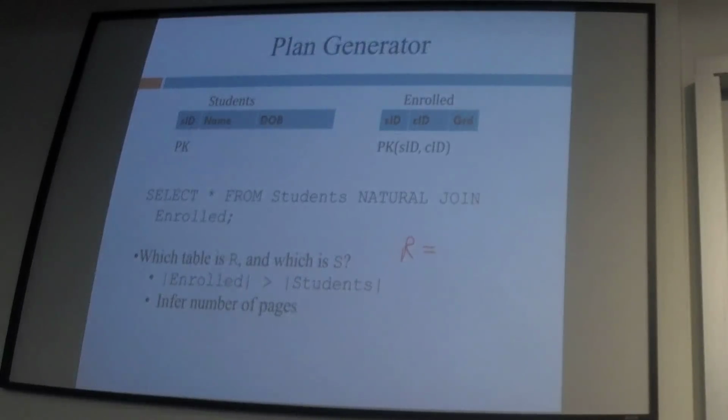So first of all, let's answer that question though. Do we have an index that helps on both? Yeah, if students is the outer loop, then we can take the SID here and look up an SID out of that index. If enrolled is the outer loop, then we can take an SID here and look up an SID out of that index. So R is going to be the smaller one.